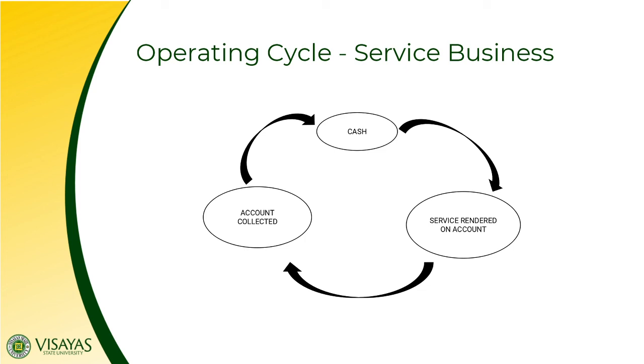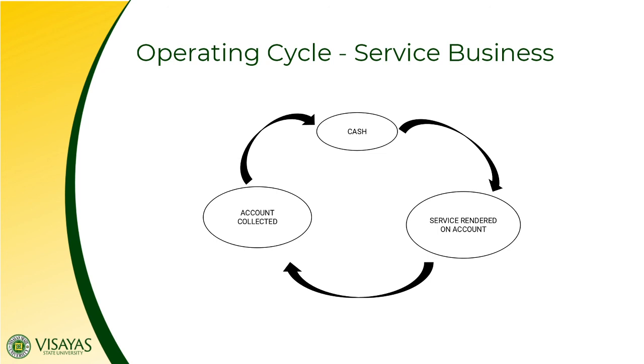So the operating cycle represents the period of time it takes for cash to be converted back into cash. Operating cycle defines it as the time between the acquisition of assets, their processing and realization in cash or cash equivalent. So it depends upon the type of operation.